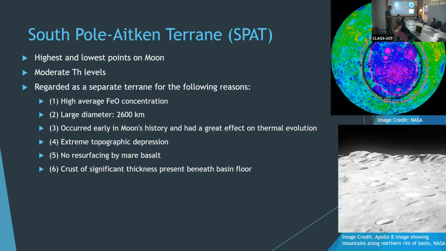How low is it relative to the rest of the moon? It's about 6,000 meters below the average level, and about 10 kilometers below the surrounding highlands. It is very deep, sorry. Sarah, you had a question?